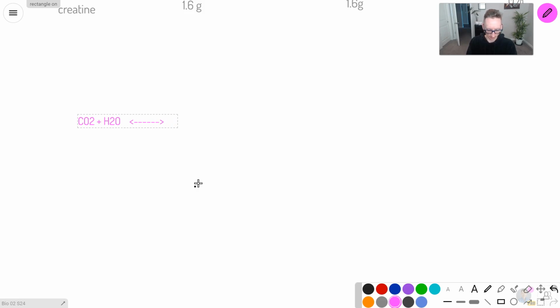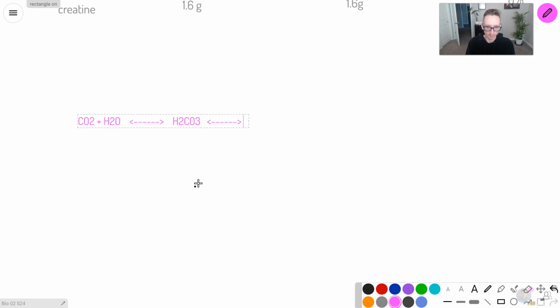it can make something called carbonic acid, which is H2CO3. H2, right, yeah, CO3. Okay, that's carbonic acid. I'll label it in a second.